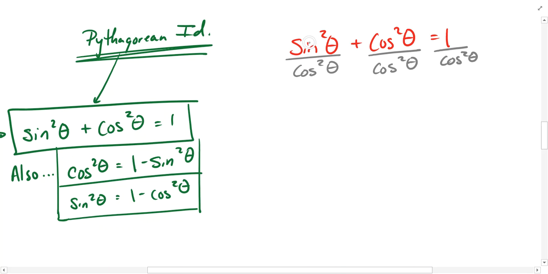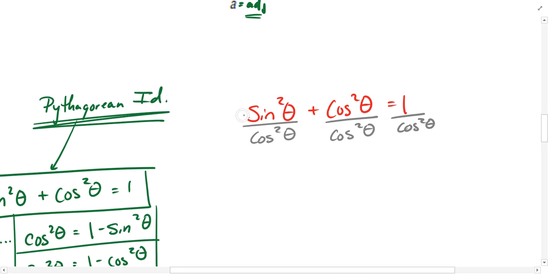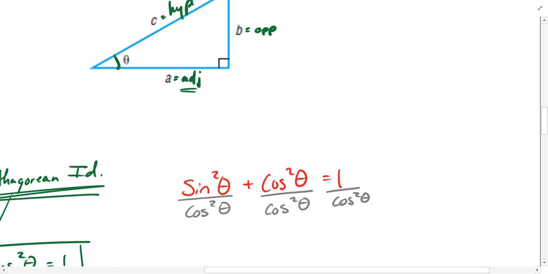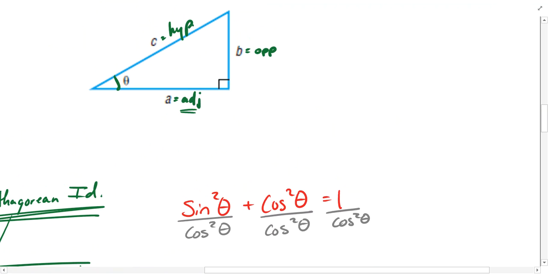You might notice that sine divided by cosine, or our y component in a unit circle divided by the x component in the unit circle, is another way to describe the function tangent.